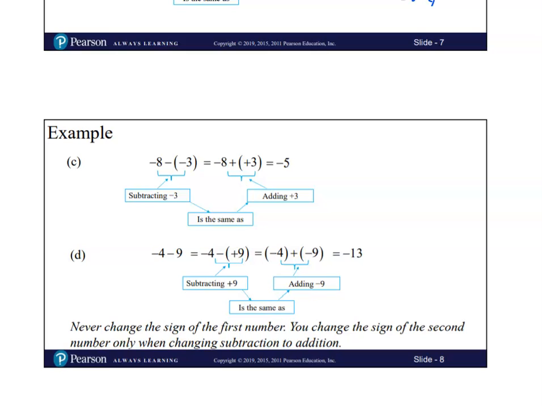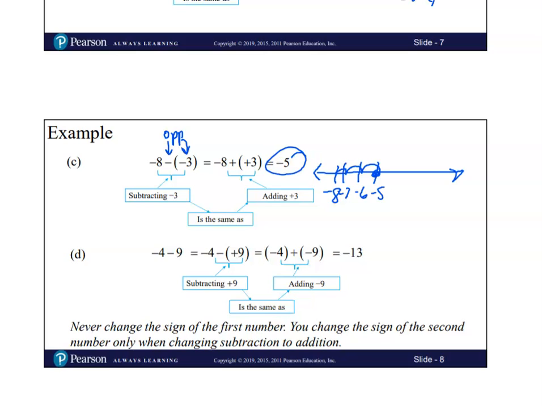Next, this would be -8, and remember that we read this as the opposite of -3, which is +3. So when you start on your number line at -8 and you add 3, you're going to need to move 3 spaces to -7, -6, -5, to the right. We're adding a positive number.